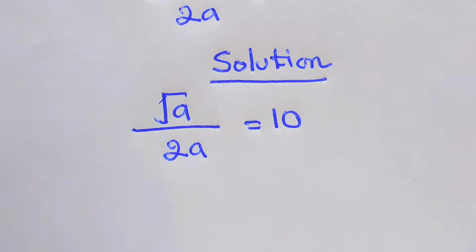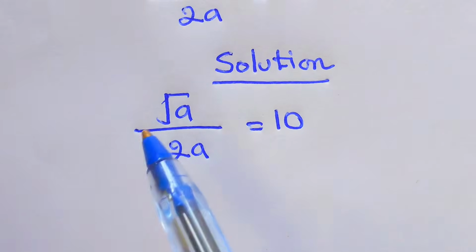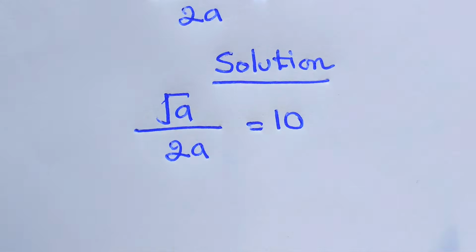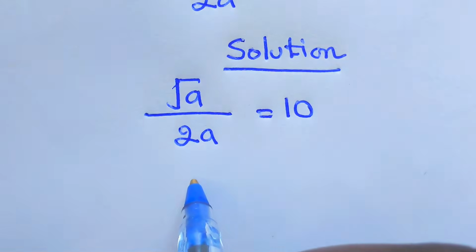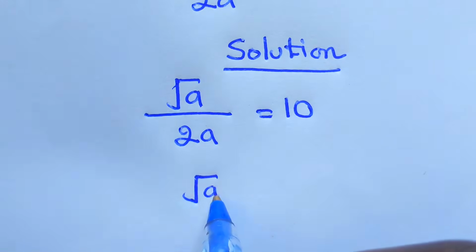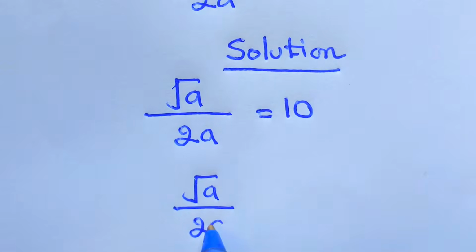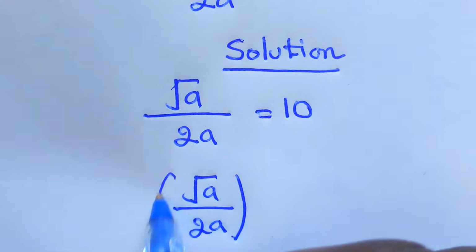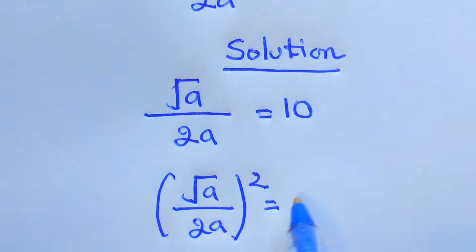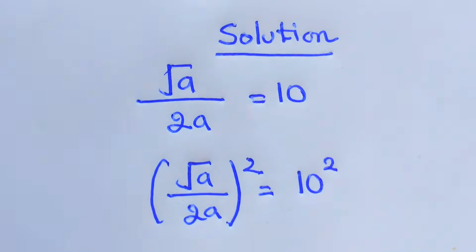At this stage we want to remove this root, so we shall square both sides. The square root of a over 2a, squaring both sides, equals 10 squared.